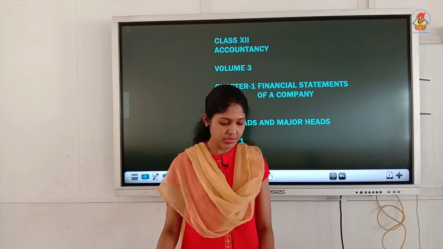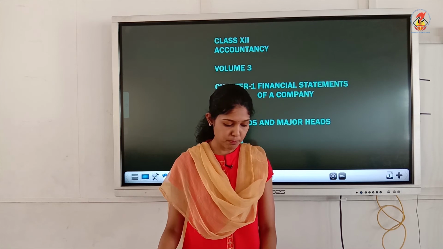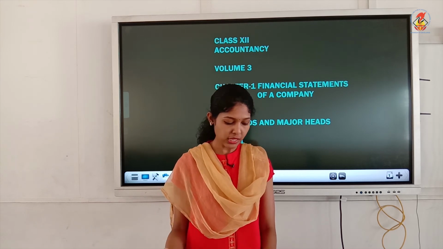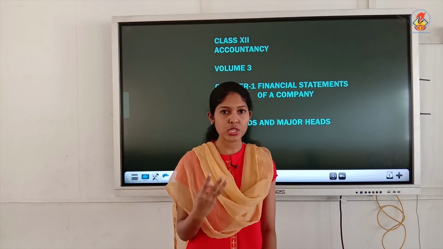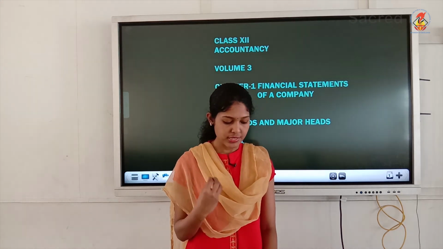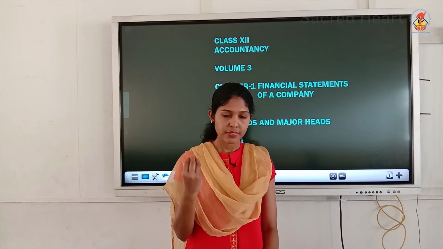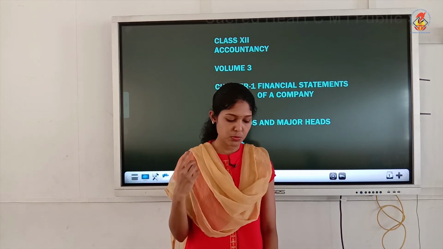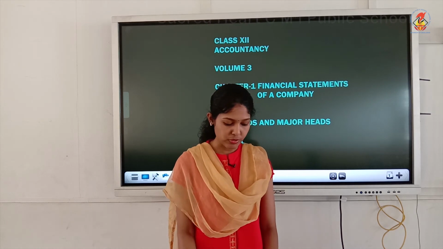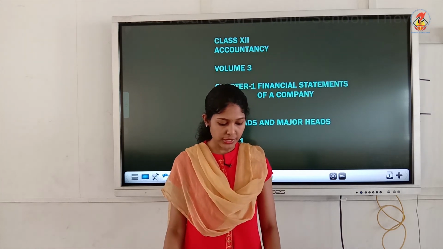Short term provisions include provision for expenses, provision for tax, provision for employee benefits. Employee benefits means wages, salary, etc. Provision for employee benefits is short term, but it can be taken as long term also, that I will explain in one question. Then we have provision for tax and other provisions.